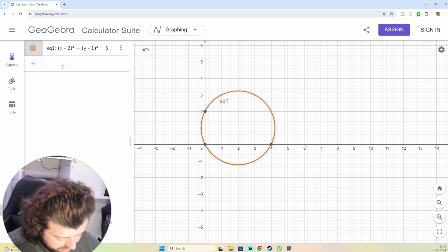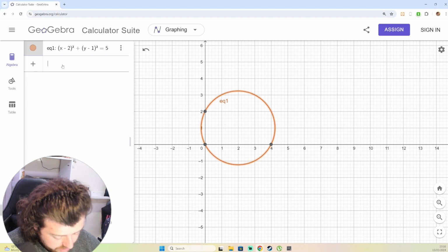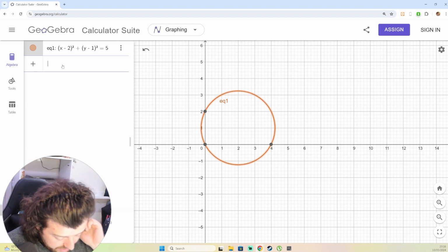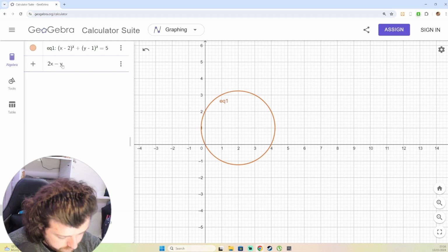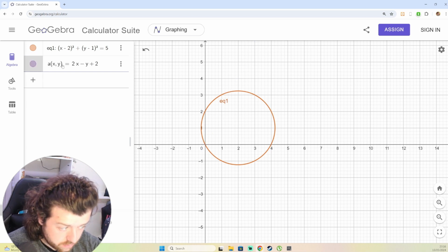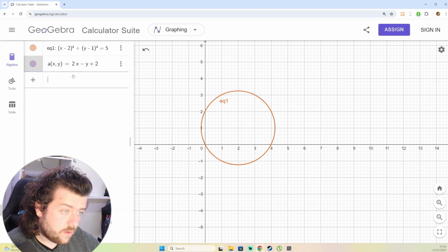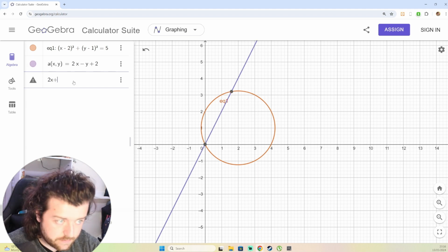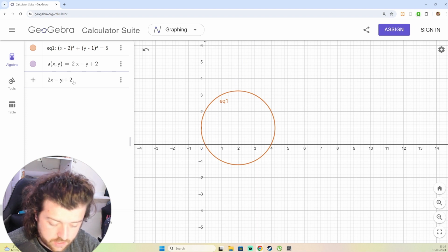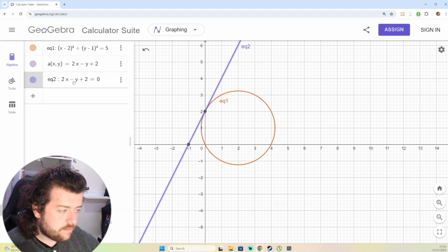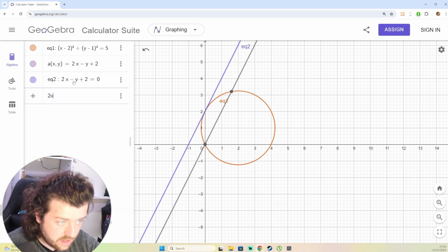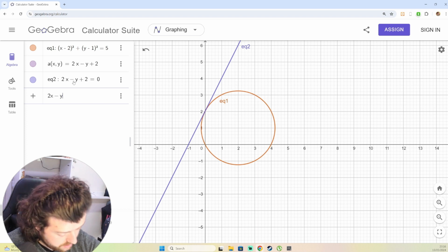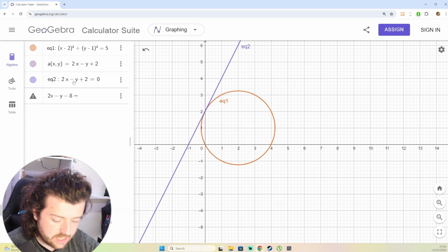Then let's test out now the equations of these two tangents. So k is equal to 2 and k is equal to minus 8. So I have 2x minus y plus 2 equals 0. Then my second one is 2x minus y minus 8 equals 0.